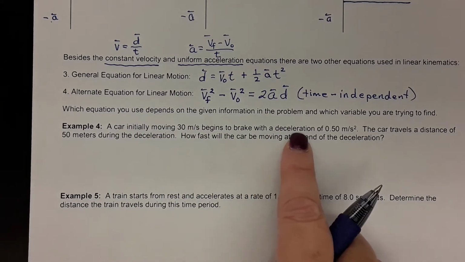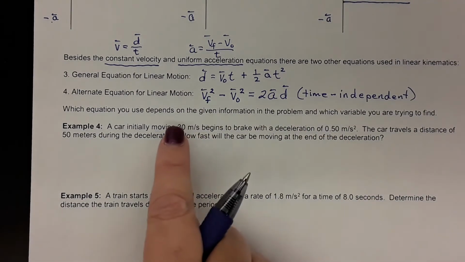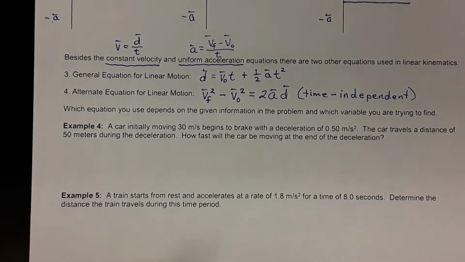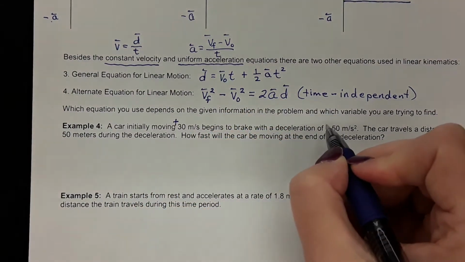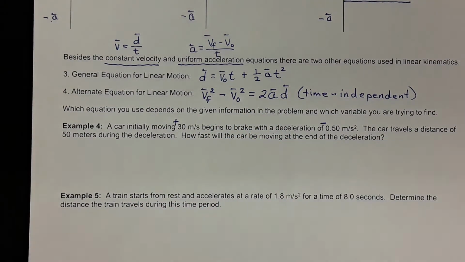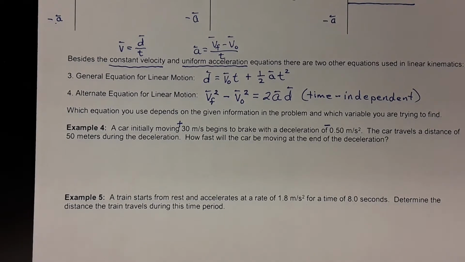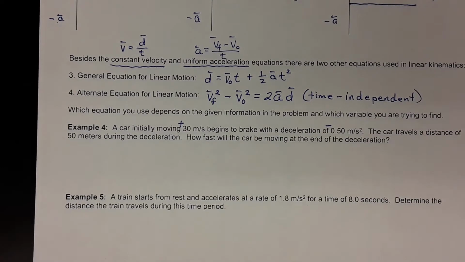Now, if it's decelerating, that means the acceleration vector points the opposite direction of the velocity, and you're going to end up subtracting. So I'm going to let the forward motion be positive and the reverse motion be negative.